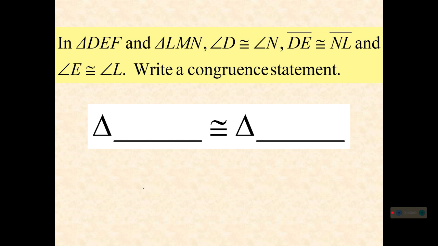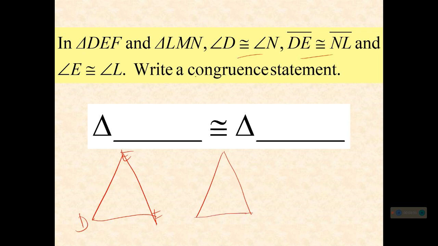So, for you to answer this, you are going to draw the two triangles. Okay? So, we will have here triangle DEF. And then, for us to label the second triangle, let us use the conditions given.